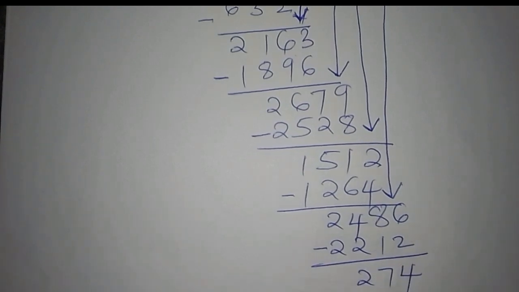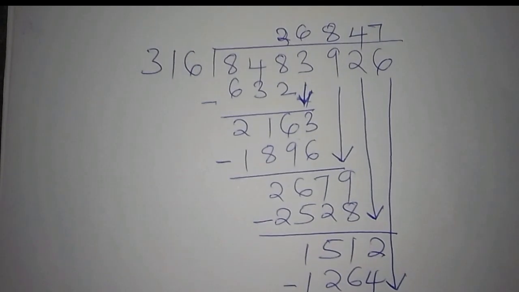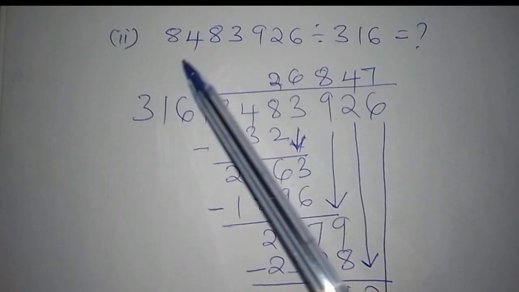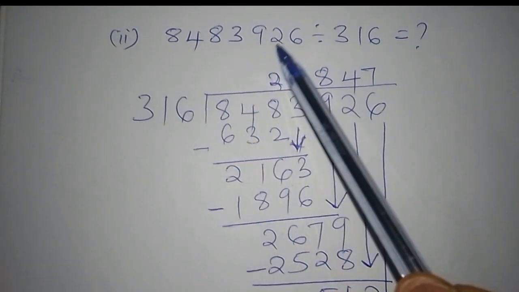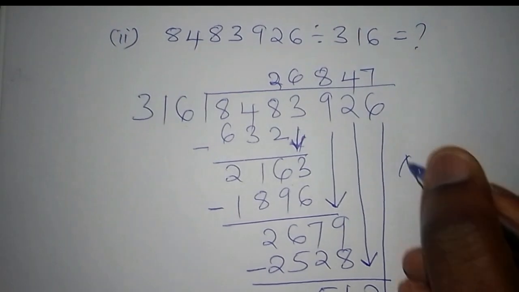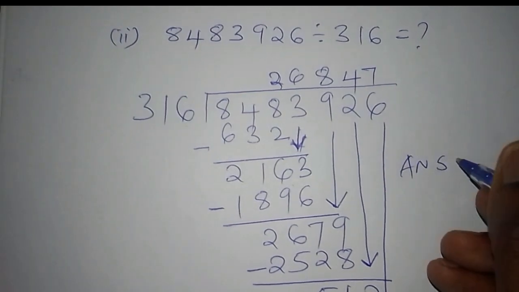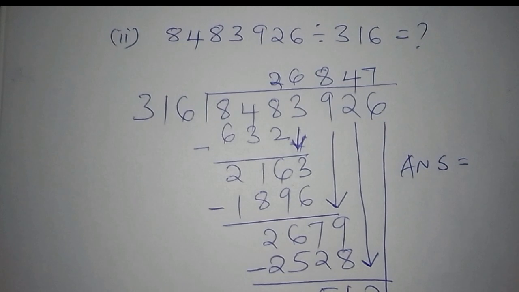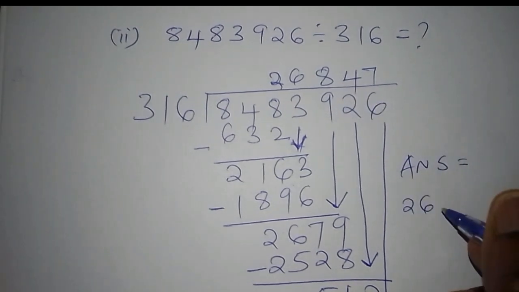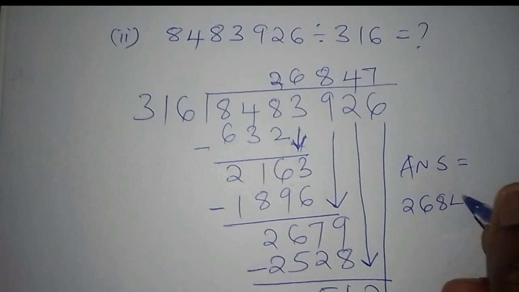So now we say that the number you are working on, 8,483,926 divided by 316, our answer here, allow me to write the answer here, is equal to the number up there, 26,847.